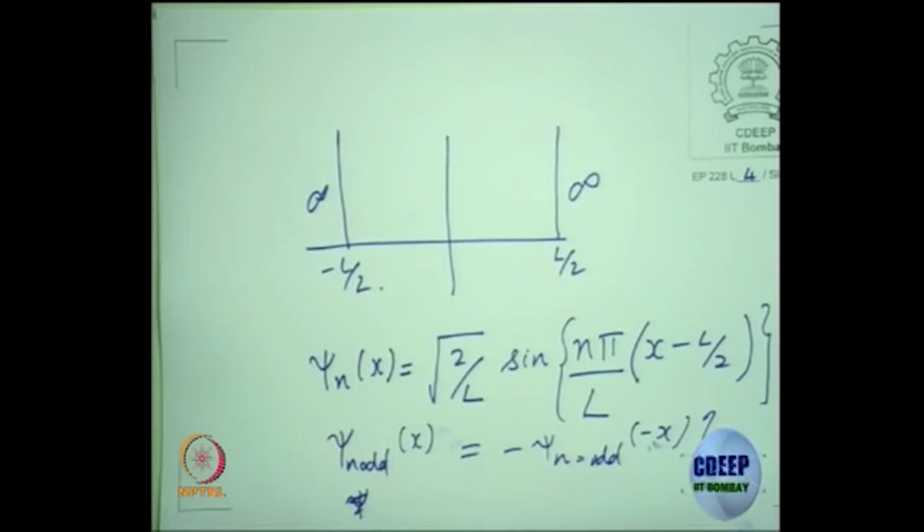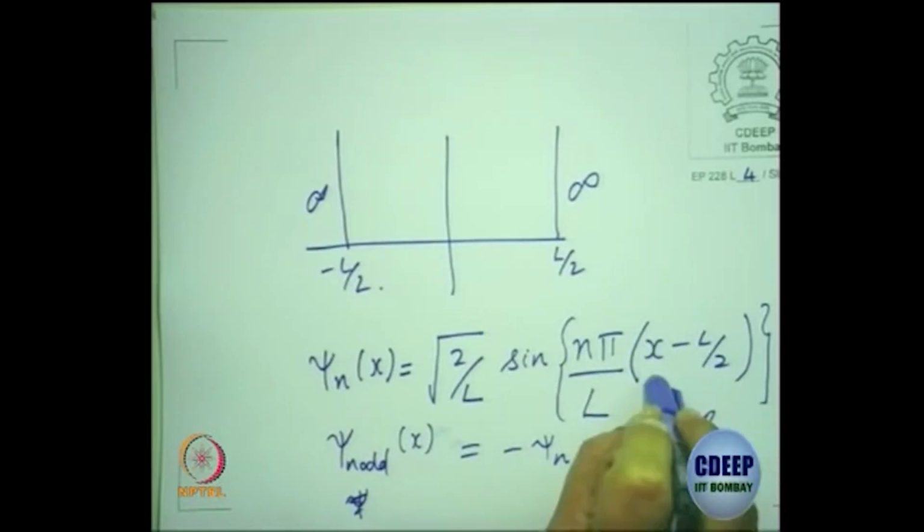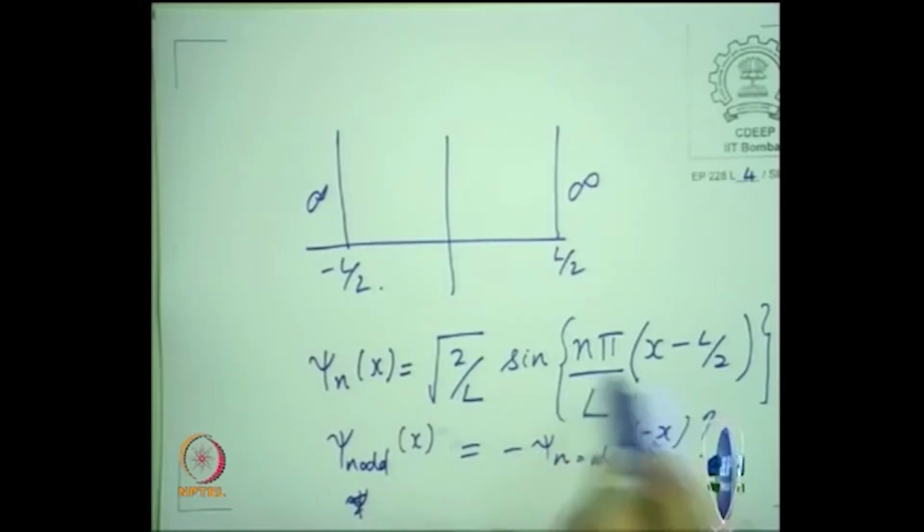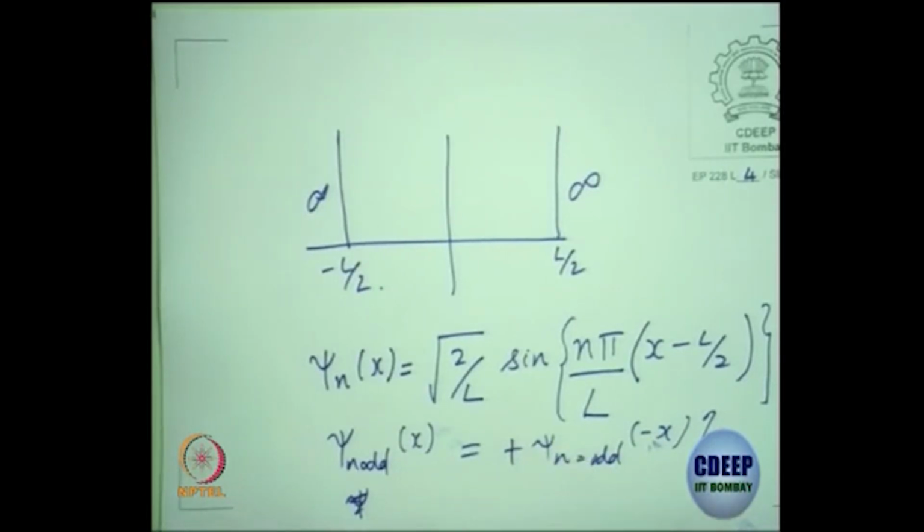Yes or no? L cancels. It's n pi by 2. If n is even, what happens? If n is odd, what happens? Did I write it correctly? It's a plus sign. Good.